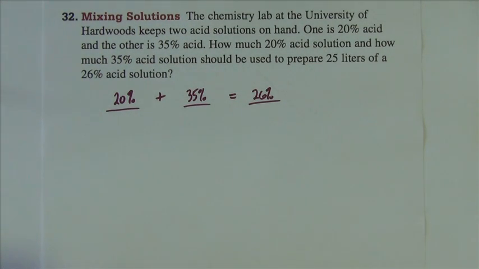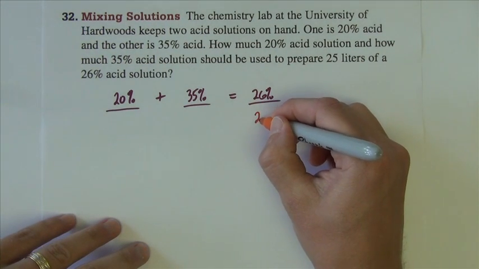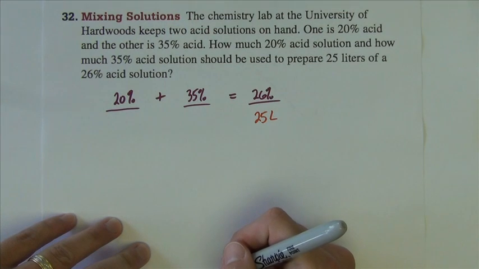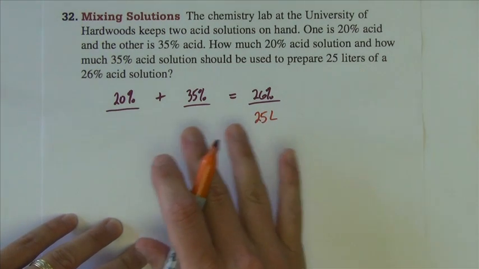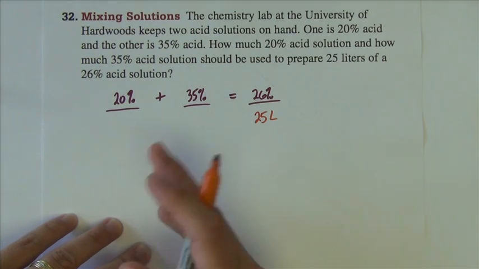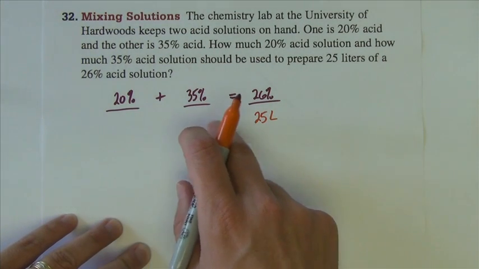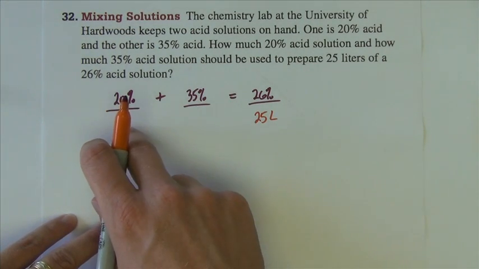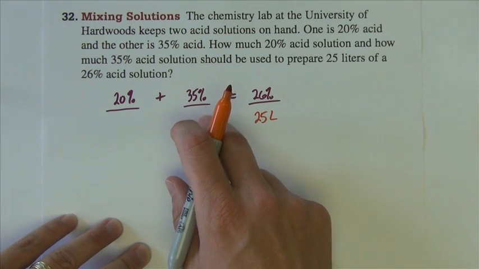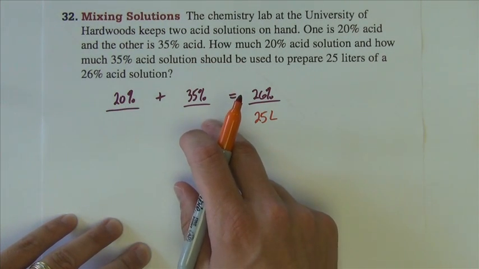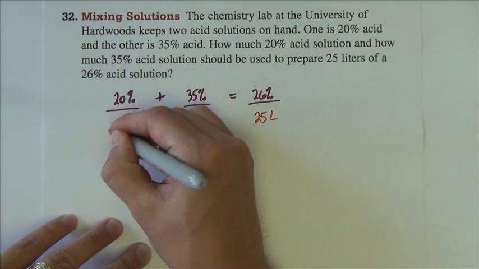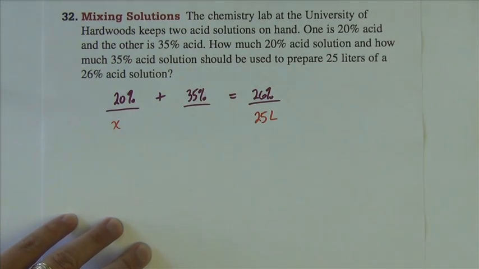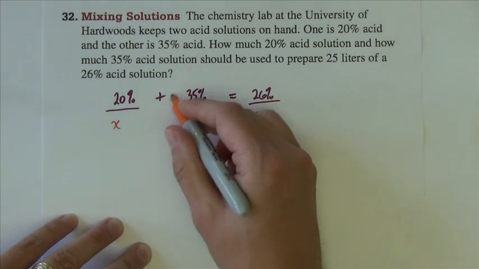Well, what do I know? I know that I want 25 liters in the end. So I have to divide up 25 somehow. Is it 1 liter and 24 liters? Is it 2 liters and 23 liters? Is it 12 and a half and 12 and a half? I just don't know. So since I don't know, let's put X amount there, and let's put the remainder over here.